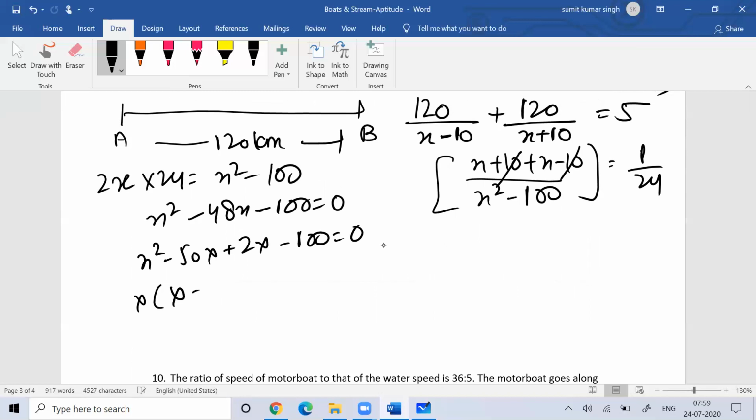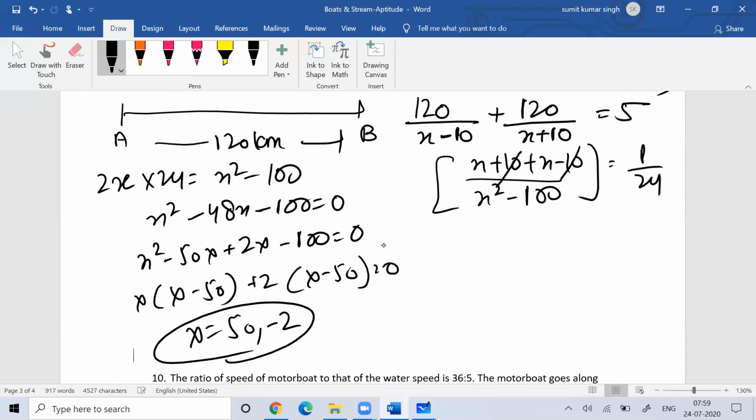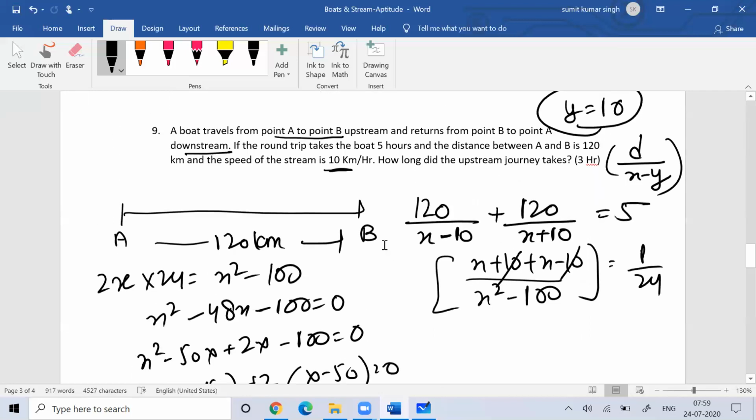So x minus 50 plus 2 into x minus 50 equal to 0. So you got the x value as 50 and minus 2.